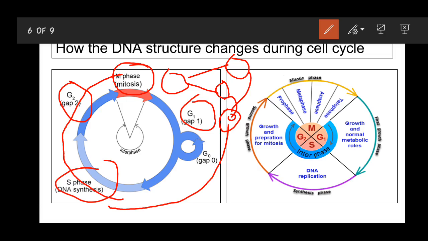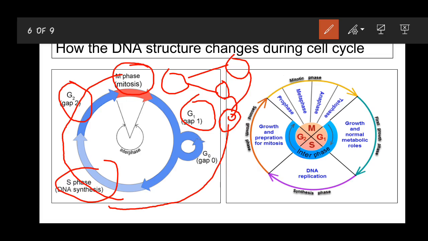The G1, S and G2 phases, where the cell grows, are collectively called the interphase.